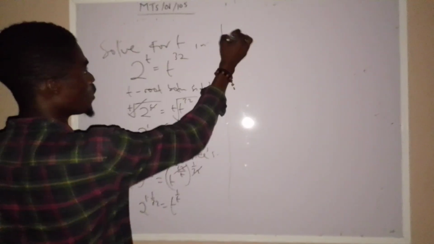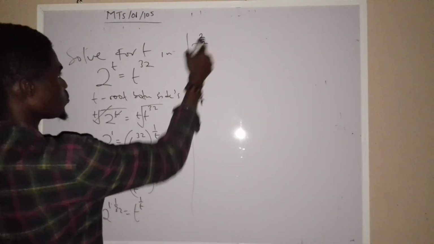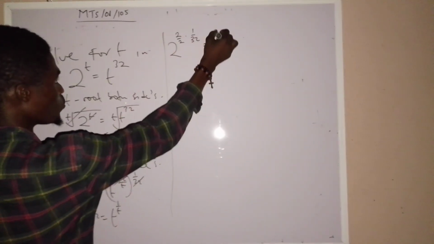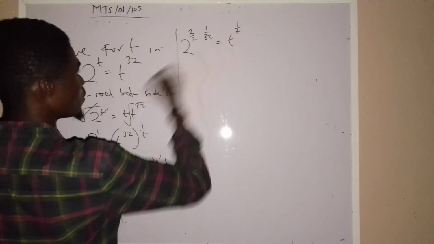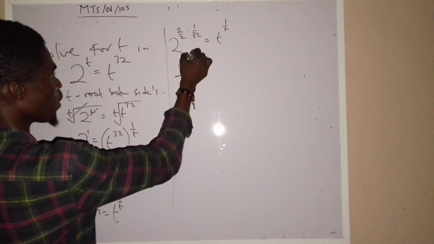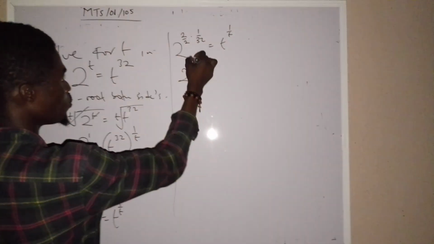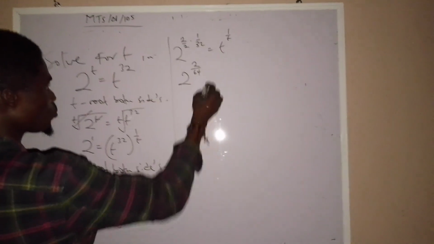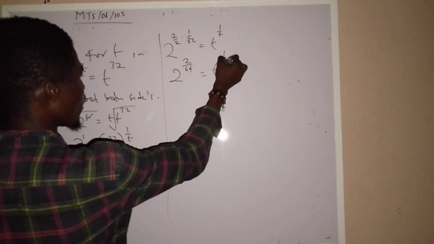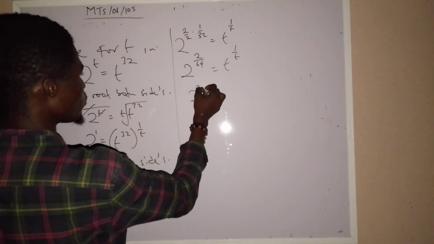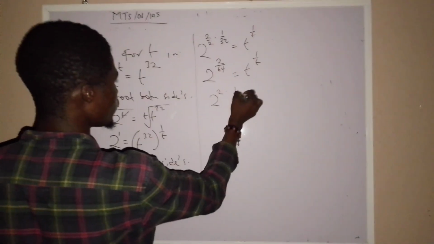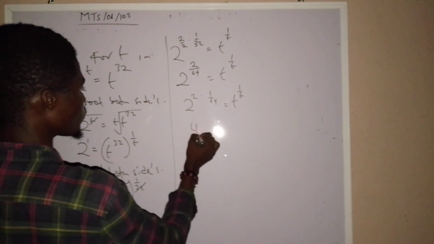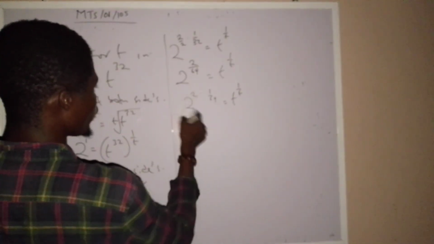So 2 raised to the power 2 divided by 2 times 1 over 32 equals 2 raised to the power 1 over 3. So this is 2 raised to the power 2 over 64 equals 2 raised to the power 1 over 3. So 2 raised to the power 2 times 1 over 64 equals 2 raised to the power 1 over 3. This one is 4, right? This one becomes 4 raised to the power 1.